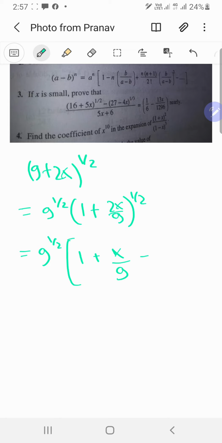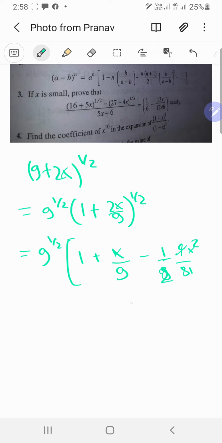So let's do it like this: negative 1/8 into (2x/9) squared. So that's going to be 4x squared upon 81. So this cancels, just get a 2 over there.